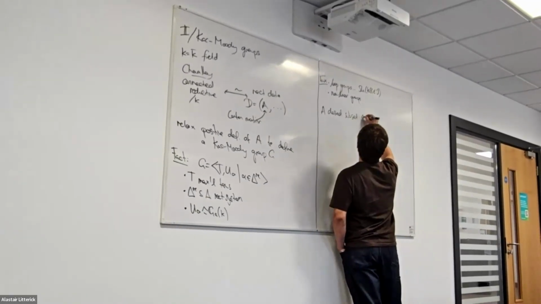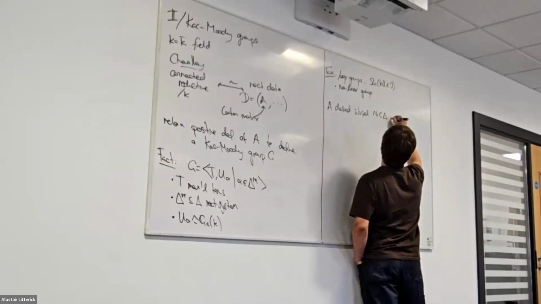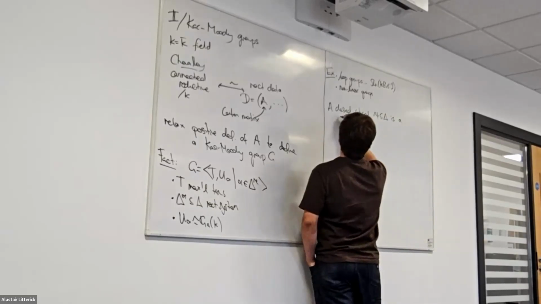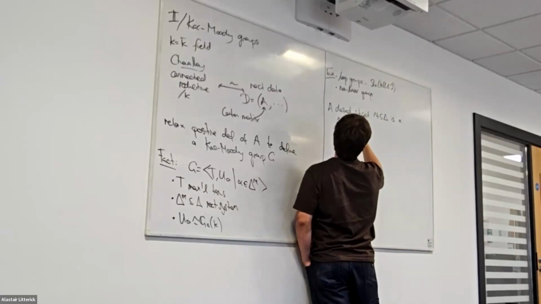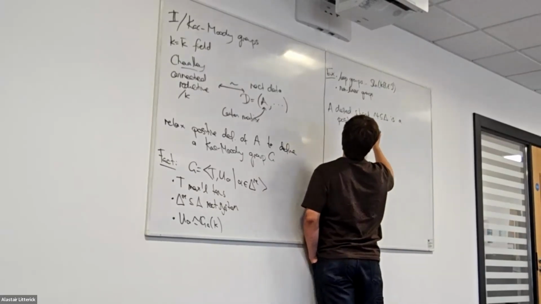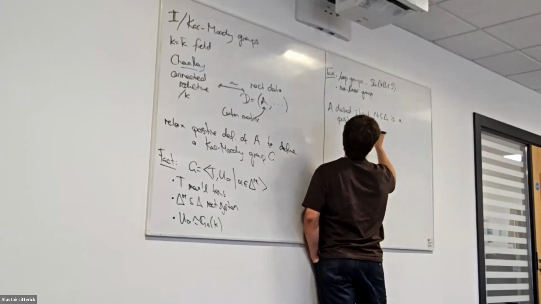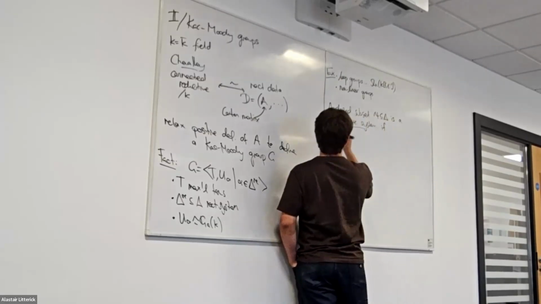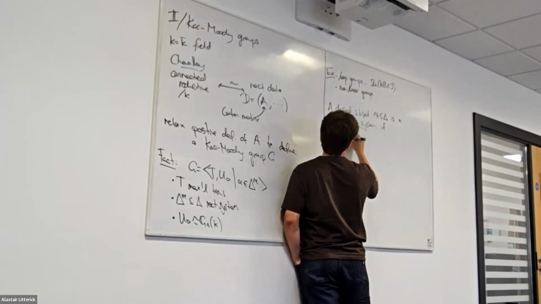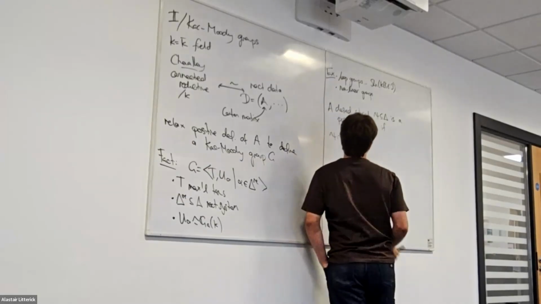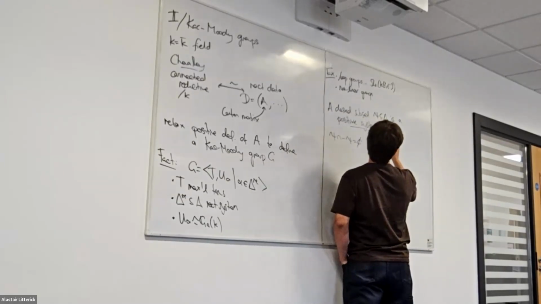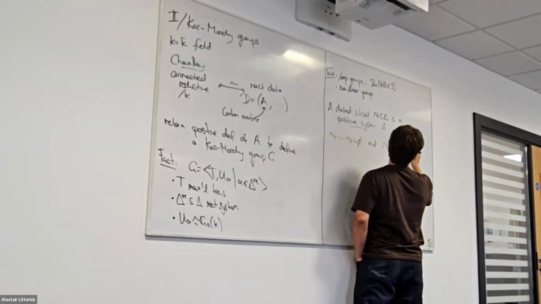So a closed subset psi of our root system is a positive system if two things hold. So if psi intersected with its negation is the empty set, and if psi union its negation covers the whole root system.